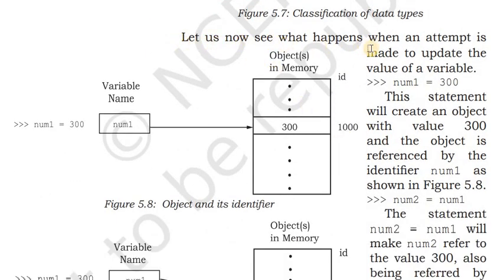Let us now see what happens when an attempt is made to update the value of a variable. num1 is a variable and you are assigning the value 300 to num1. Then what happens in memory? Try to understand. The variable name is num1, and you are assigning 300 as an object in memory, and its ID is 1000.